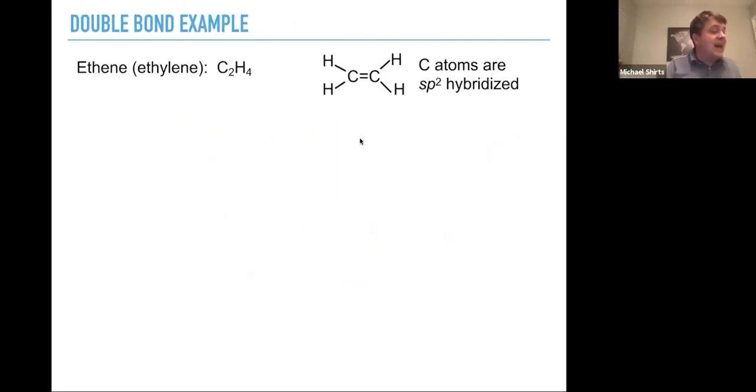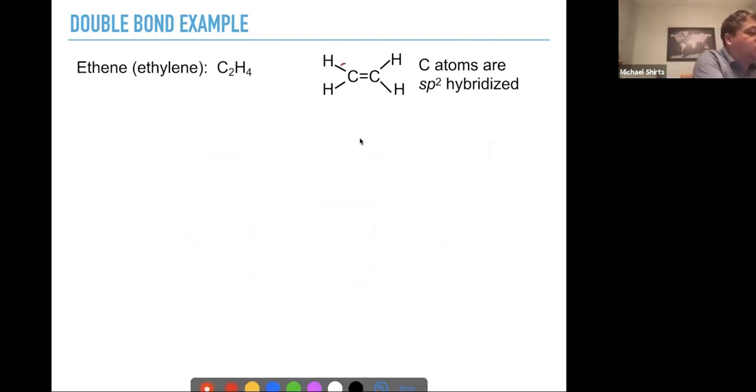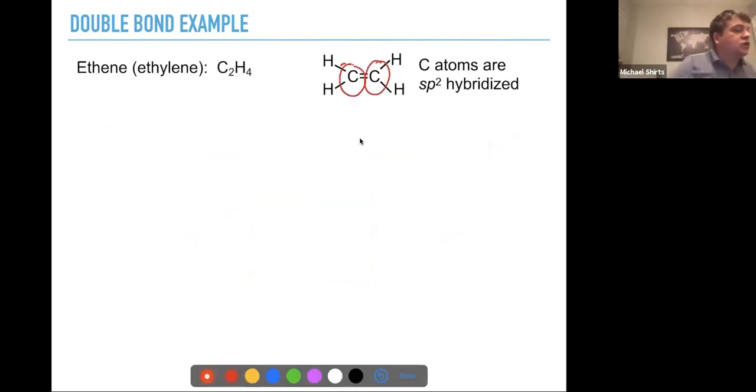So, examples: ethylene, C2H4. If you look at the Lewis structure, you get a carbon double bonded to a carbon and then single bonds to hydrogens. So the carbon atoms are sp2 hybridized, and you have trigonal planar geometry around each carbon.